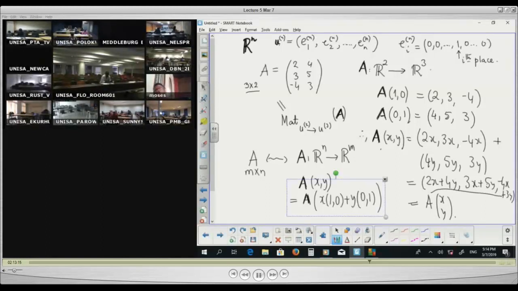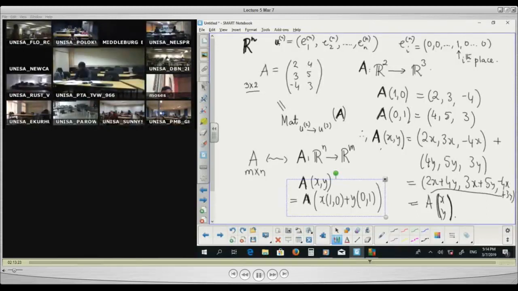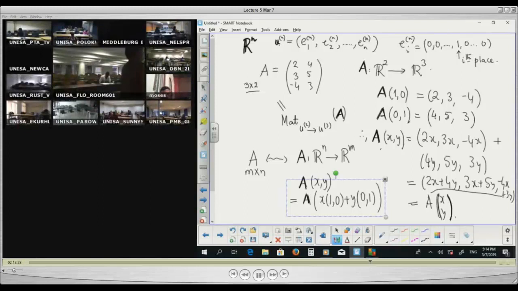So if we use the multiplication rule of matrices, you exactly get this. So under this, we see how beautiful it turns out that every matrix now becomes precisely a linear transformation.